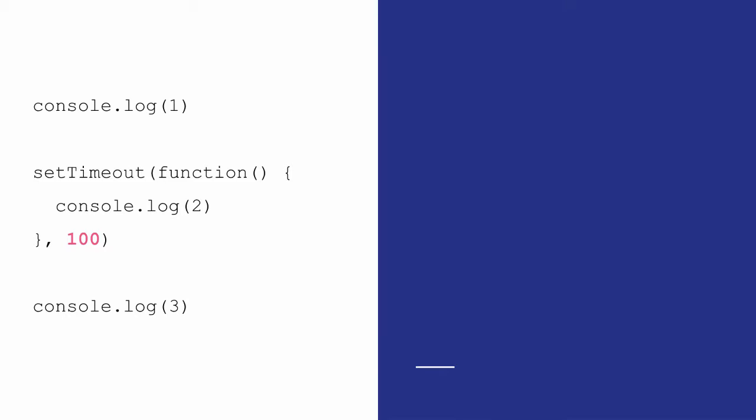This is the asynchronous nature of JavaScript, where even though the code looks like it runs from top to bottom, the setTimeout is asynchronous and gets put in the background until it completes, and then it happens. So here, it's 1, 3, 2.